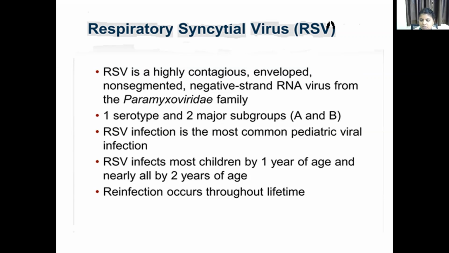Usually it causes the fusion of the virus into the host cell. Not only does it fuse into the host cell, it also causes the fusion of adjacent host cells. So because of that, we'll see multinucleated giant cells. This is another important characteristic feature of the paramyxoviruses.